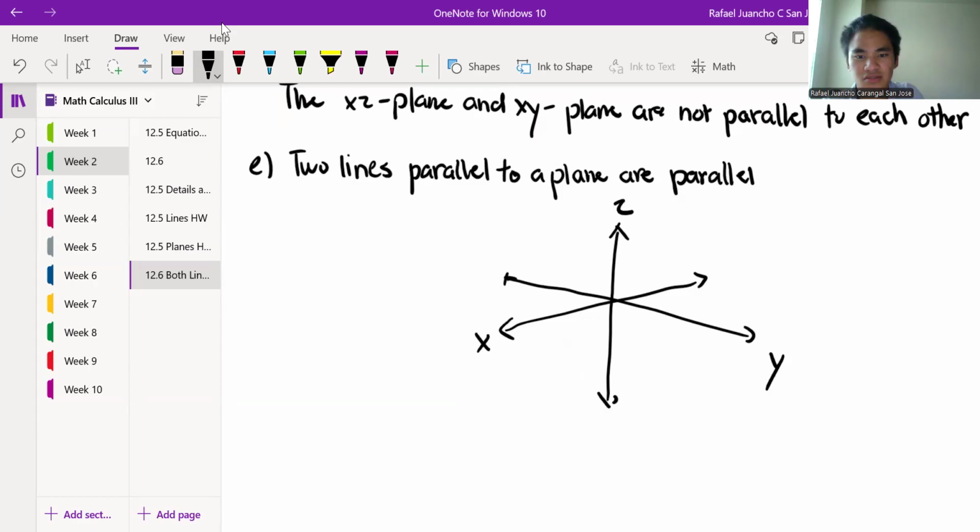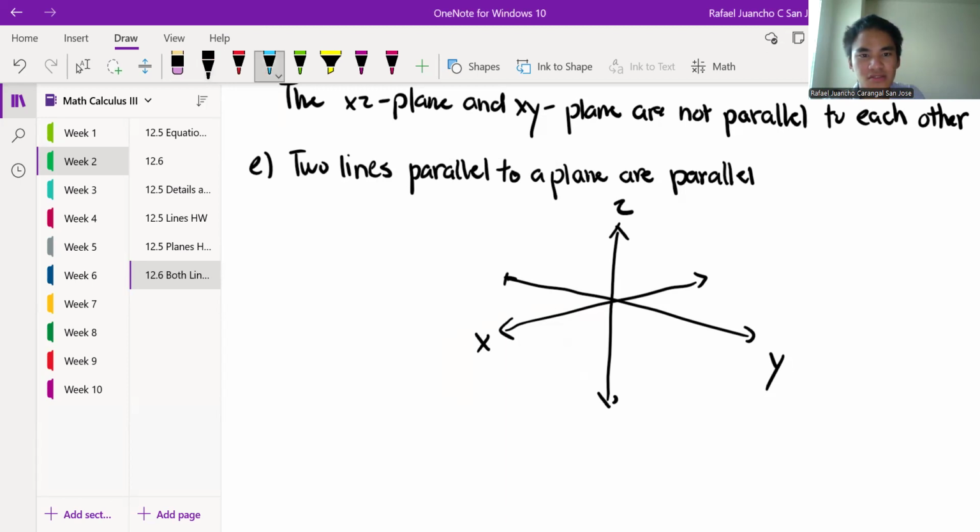X-axis, y-axis. Oh, so we're thinking of worst case scenarios.